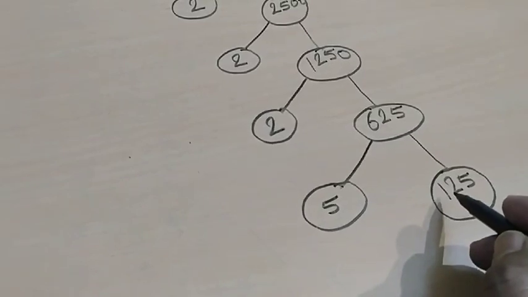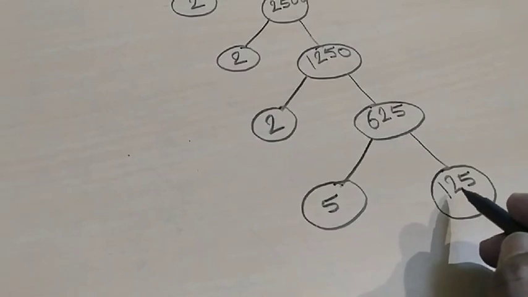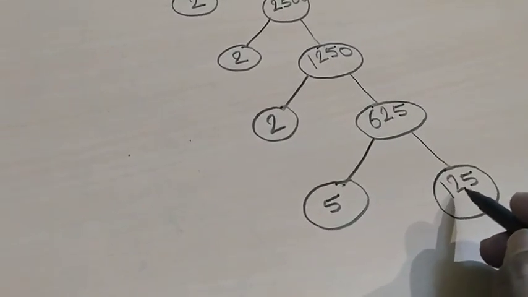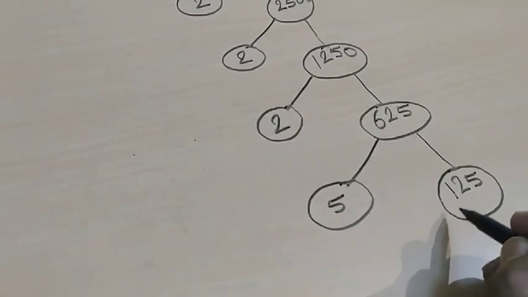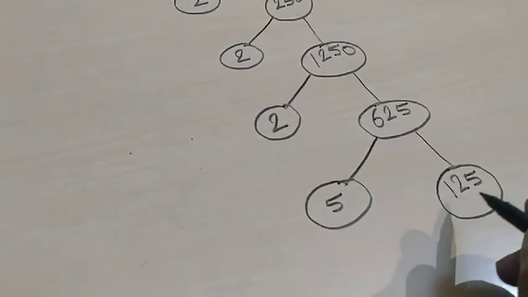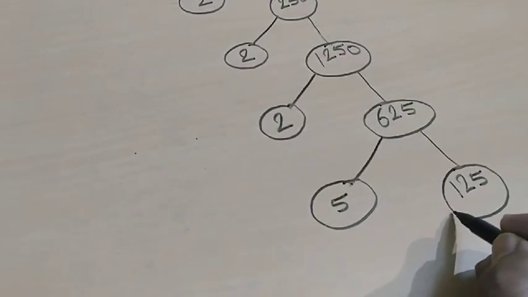If you want to check the divisibility test of 3 here, first we find the sum of the digits. The digits are 1, 2, 5, so the sum is 8. 8 is not divisible by 3. It is divisible by 5 because the unit place is 5.